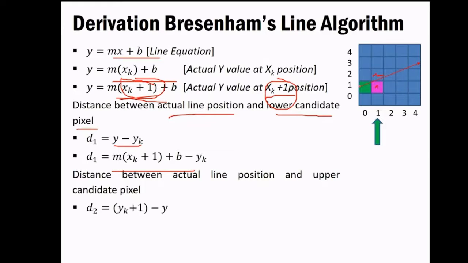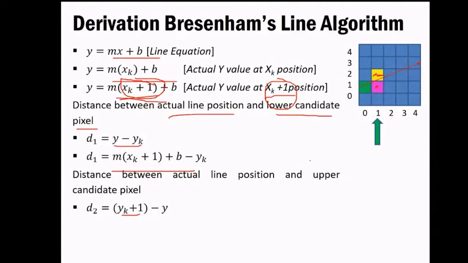Now for that, we have to go one step above. So that would be yk plus 1 minus y, because we have chosen the next pixel, that is the upper pixel. Now you should know why we took plus 1 here and why we did not take it there: because we chose the pixel above the lower pixel.